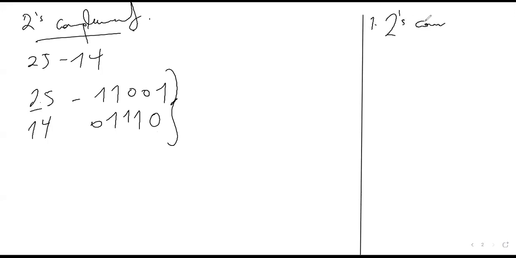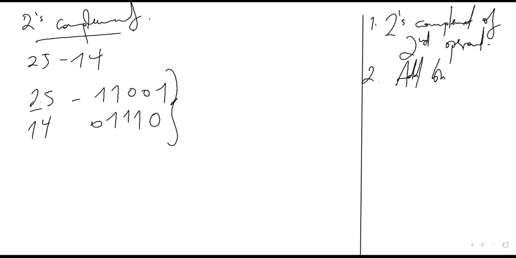Step number 2: add binary numbers. Step number 3: discard the carry. In 1's complement, we added the carry to the result. In this case, we discard.